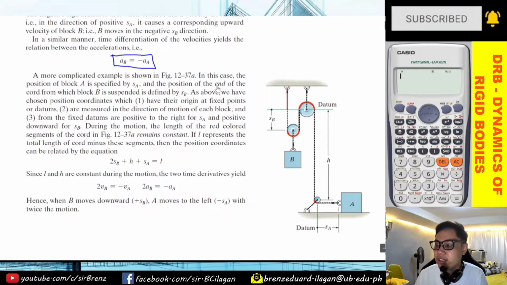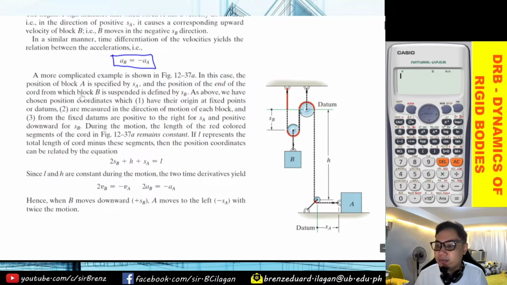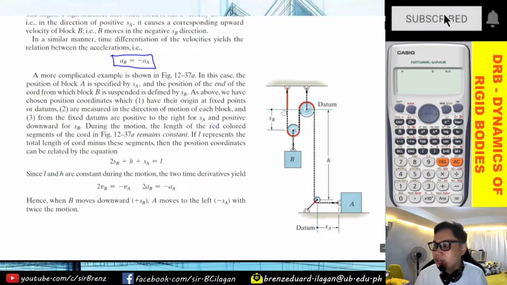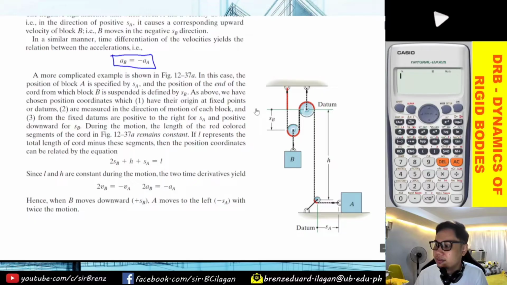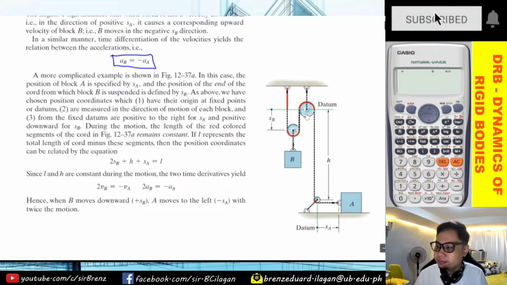And the position of the end of the cord from which block B is suspended is defined by S sub B. Ayan. Kung mapapansin nyo, yung S sub B na dinenote niya lang is hanggang dito lang. Hindi niya na sinama 'to. Okay? Kasi ang ginawa niyang reference datum is from this point, dito sa pulley na ito.